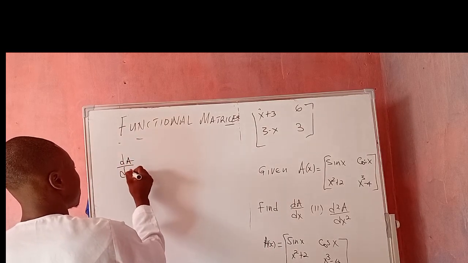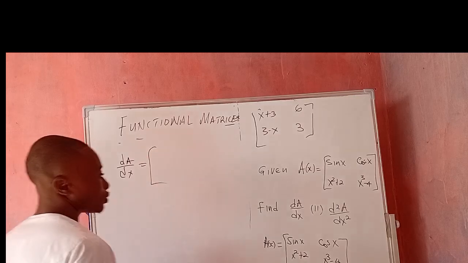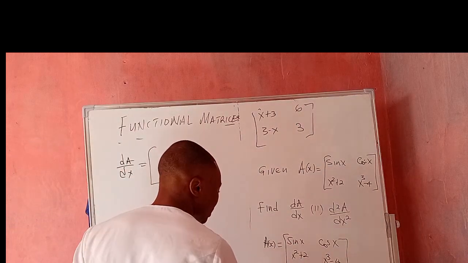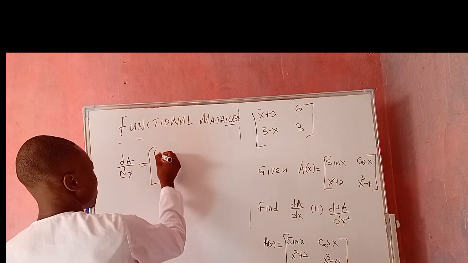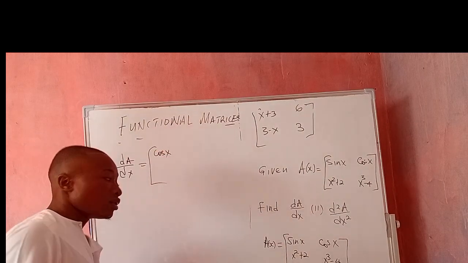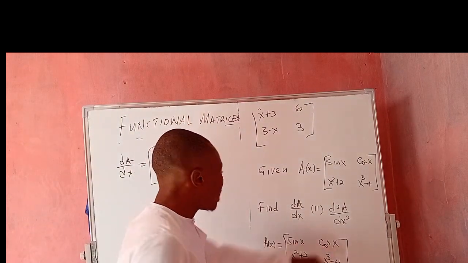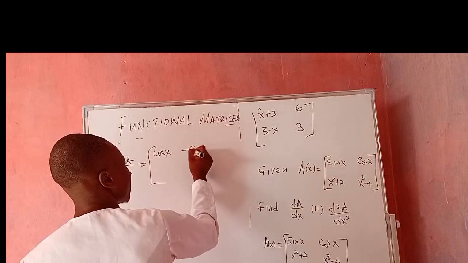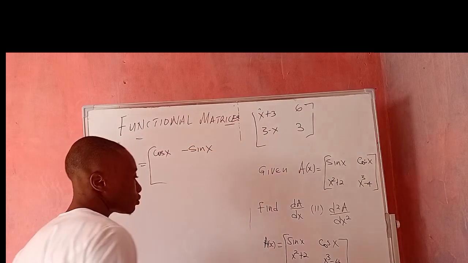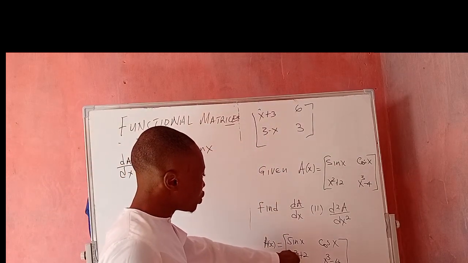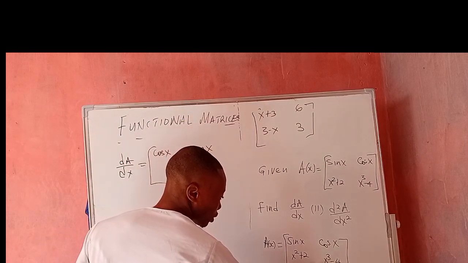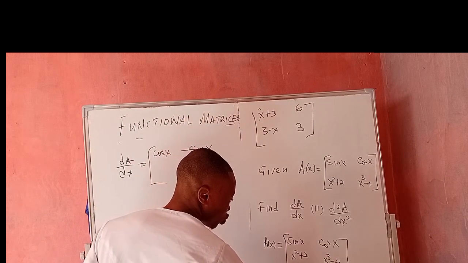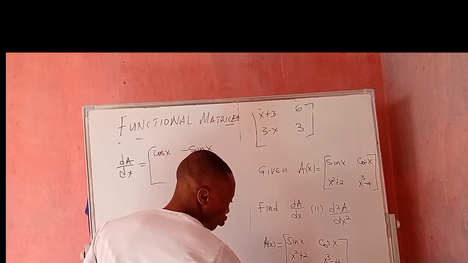So let's go. dA dx is going to give us the derivative of sine x, which is going to be what? Cos x. The derivative of cos x is minus sine x. And the derivative of this expression here, x squared plus 2, is going to be what? 2x.